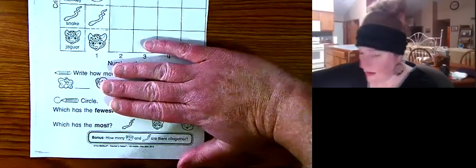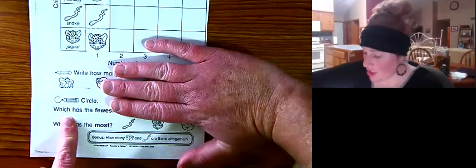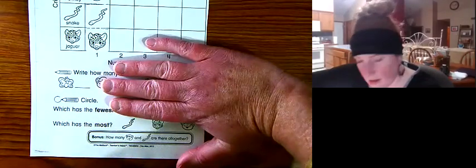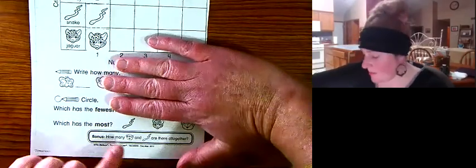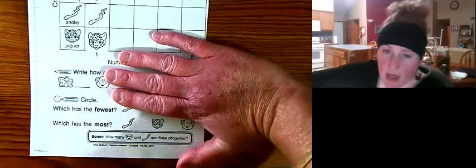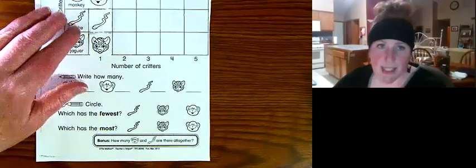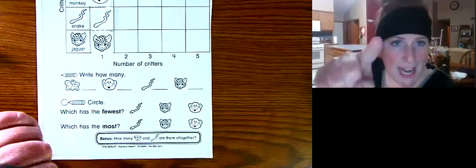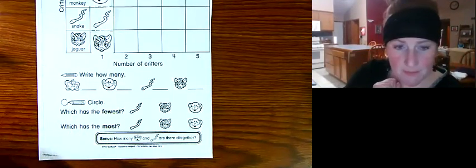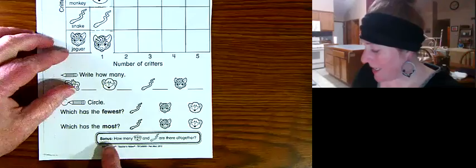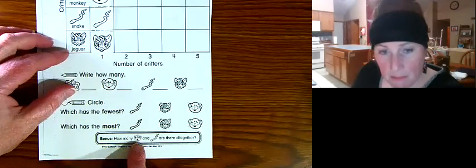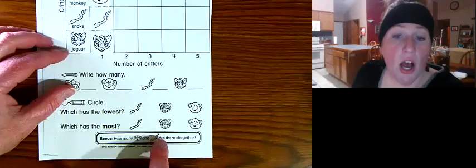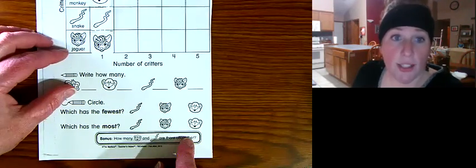Then, I'm going to cover up that row. Which has the most? Which has the most? Snakes, jaguars, or monkeys? And last, there's a bonus question, but I think you can do it. It says, how many monkeys and snakes are there all together?